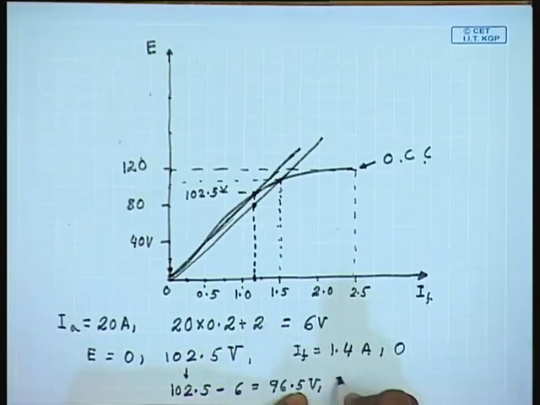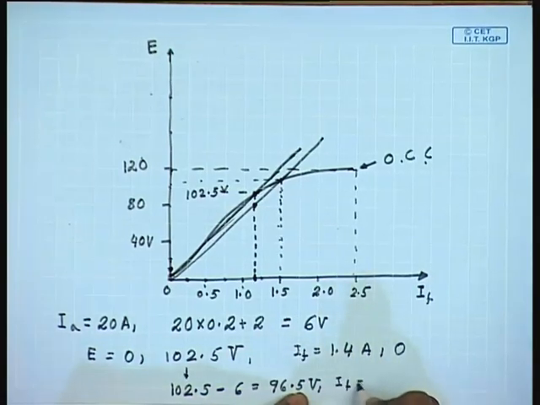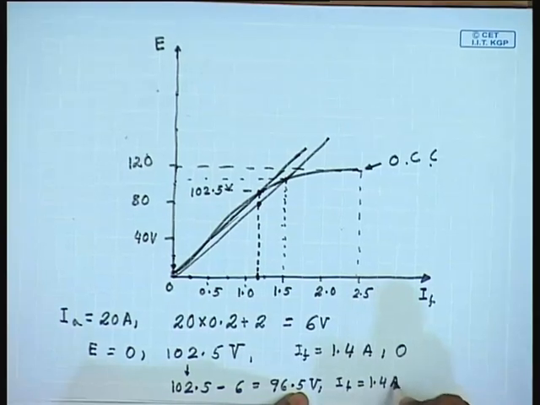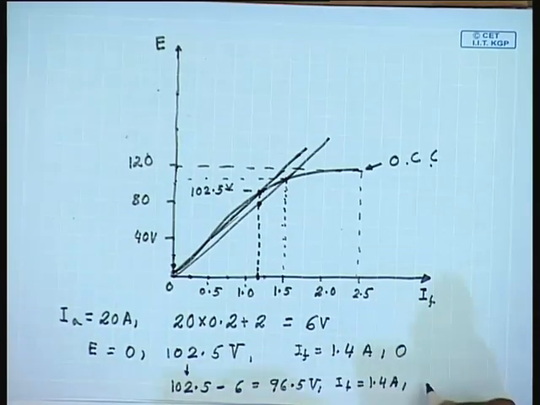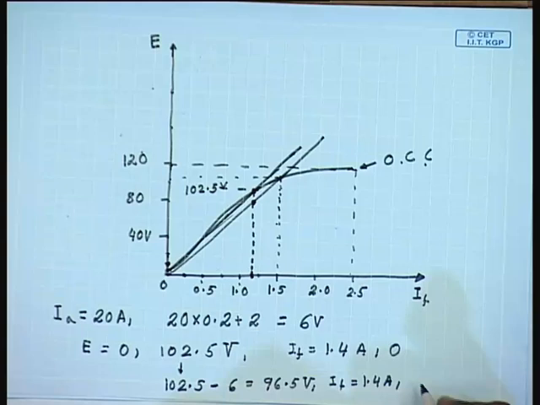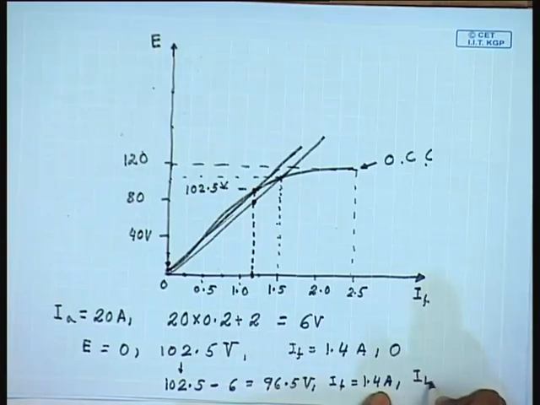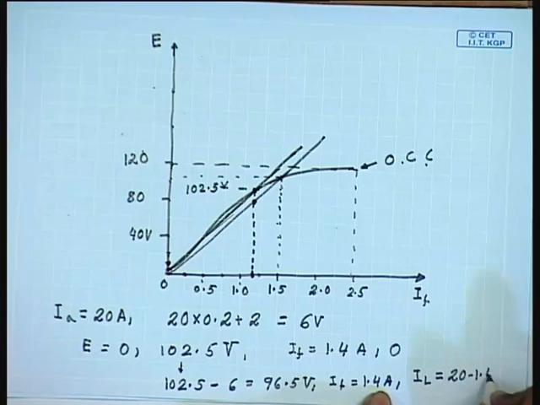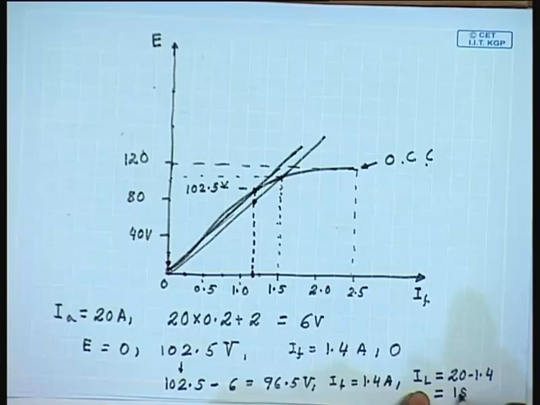Field current at that point is IF equal to 1.4 amperes. Therefore, the load current IL equal to 20 minus 1.4 equal to 18.6 amperes.